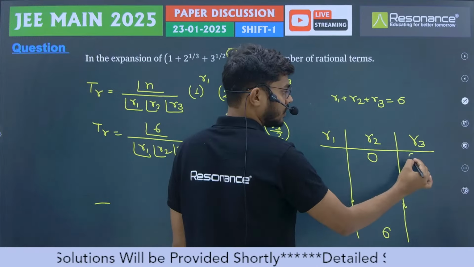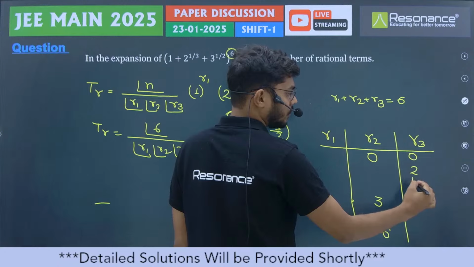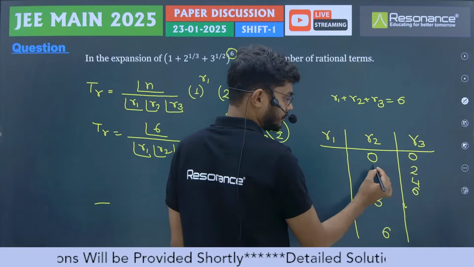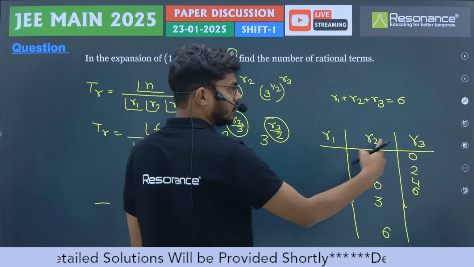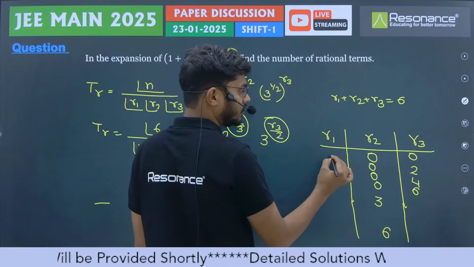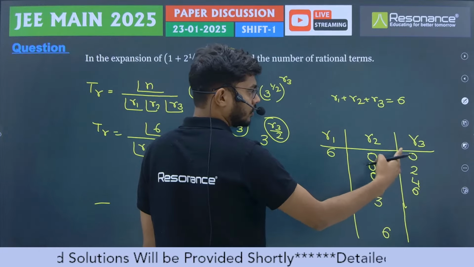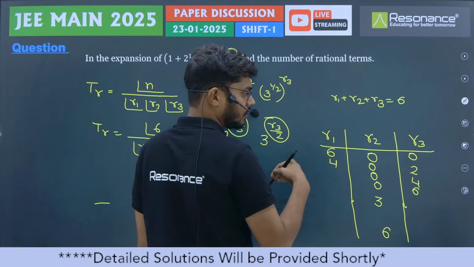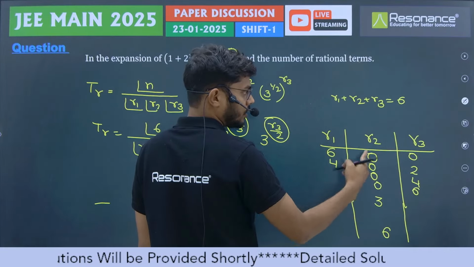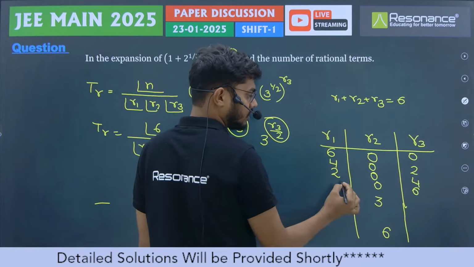R3 can be 0, 2, 4, or 6. If r2 is 0 and r3 is 0, then r1 is 6. If r2 is 0 and r3 is 2, r1 is 4. If r2 is 0 and r3 is 4, r1 is 2, and if r3 is 6, then r1 will be 0.